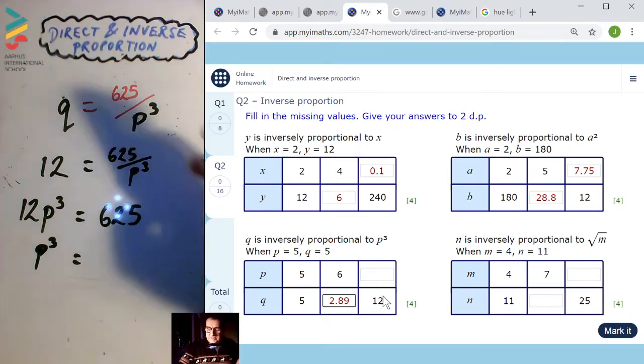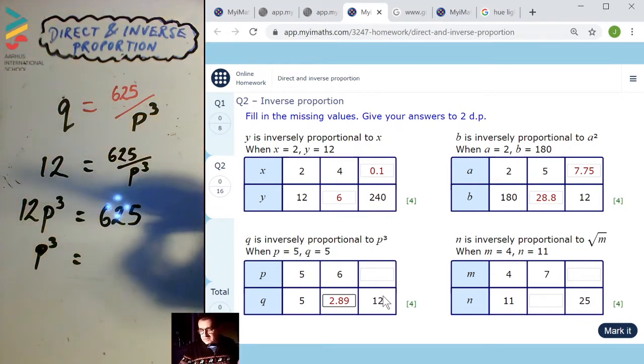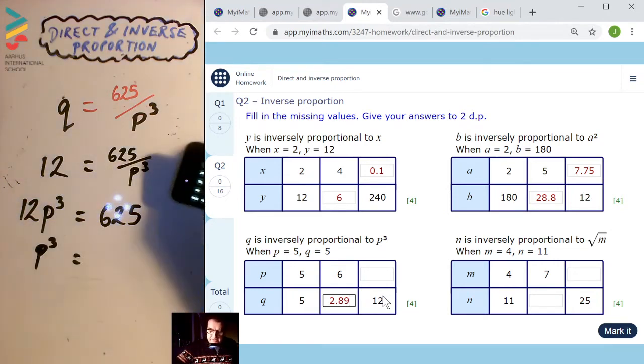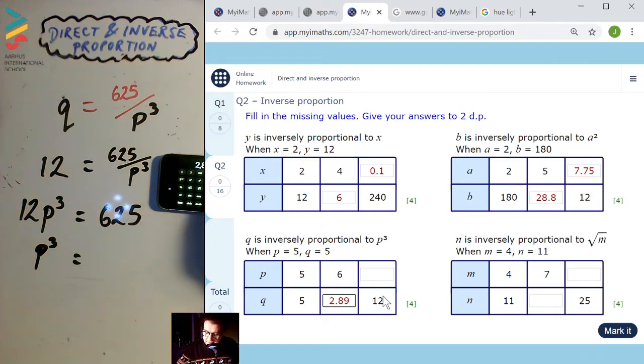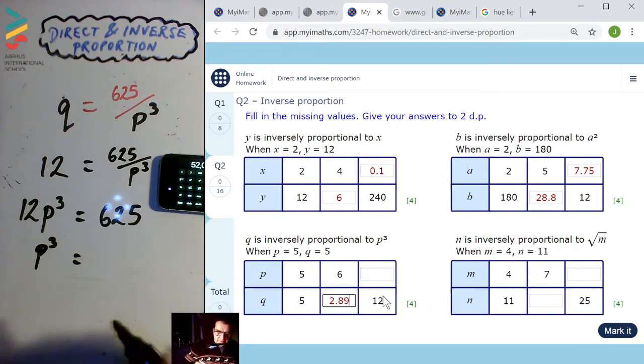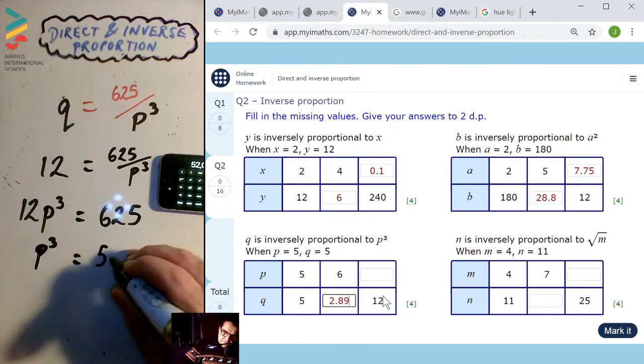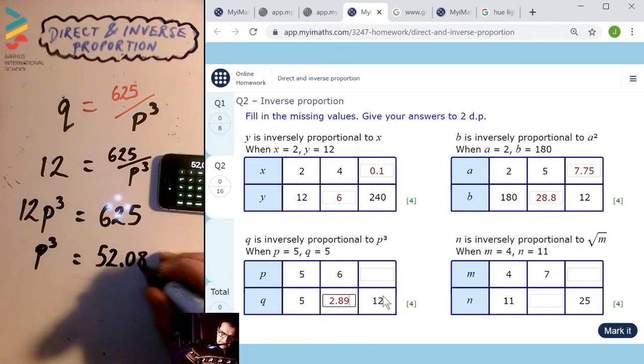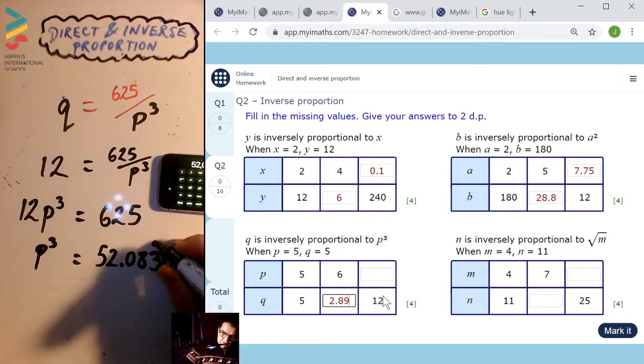Okay, again I've got to unlock this and get on the calculator, so clear that. Okay, so 625 divided by 12 is, oh, that's not a very friendly number, 52.083333 recurring.